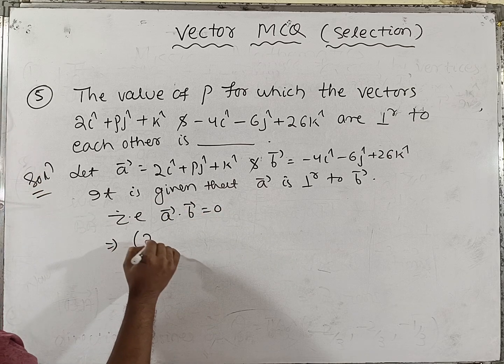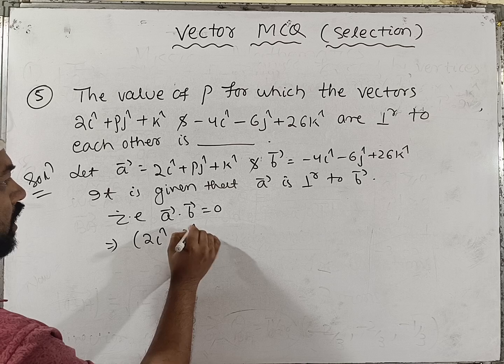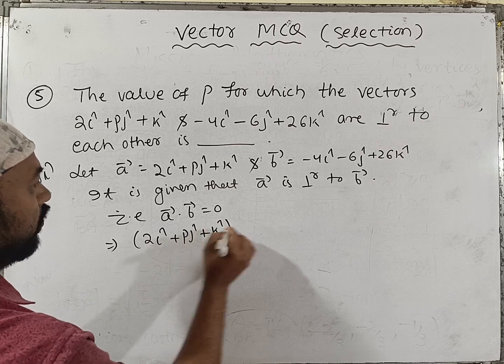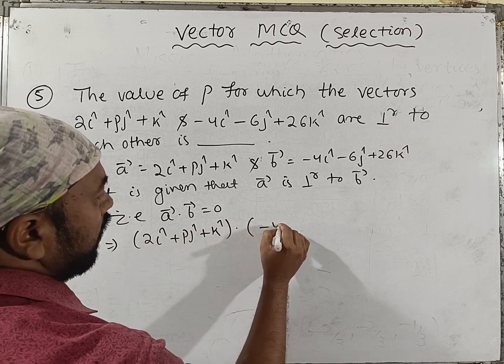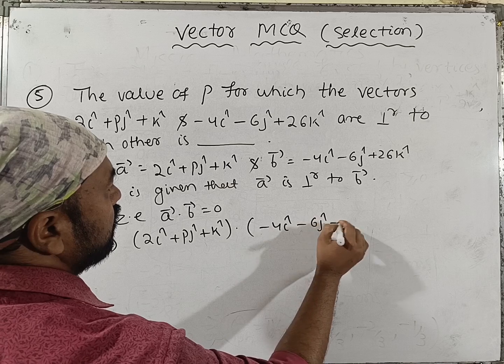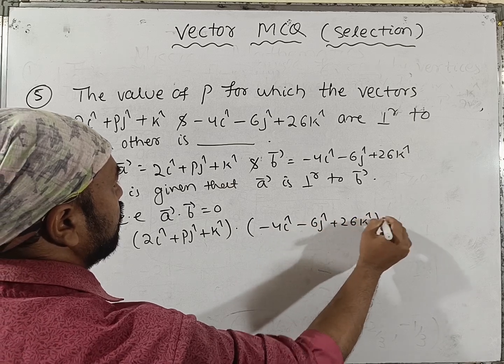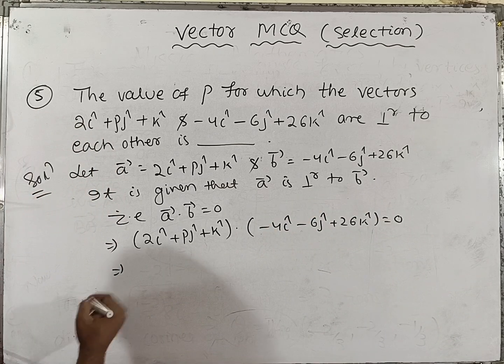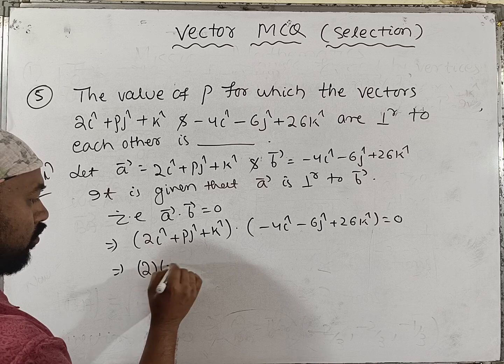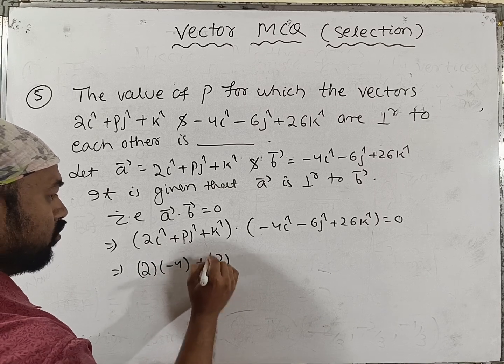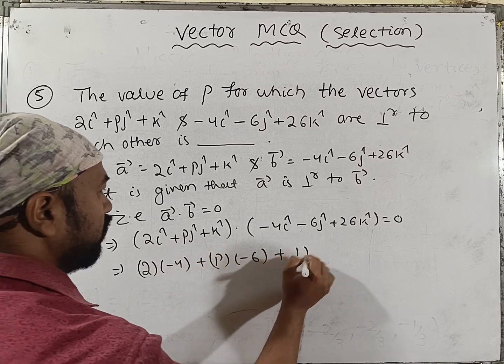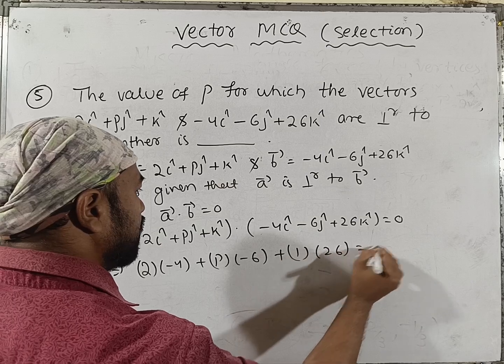That implies 2i cap plus pj cap plus k cap dot minus 4i cap minus 6j cap plus 26k cap is equal to 0. Then it will be 2 into minus 4 plus p into minus 6 plus 1 into 26 is equal to 0.